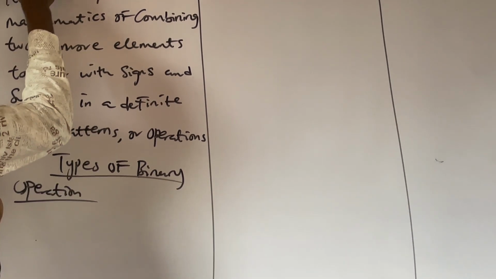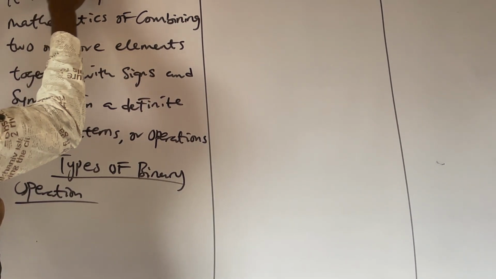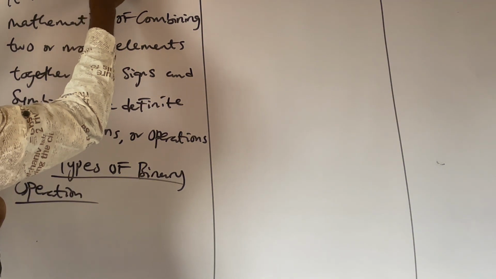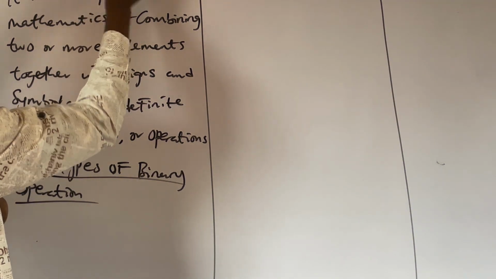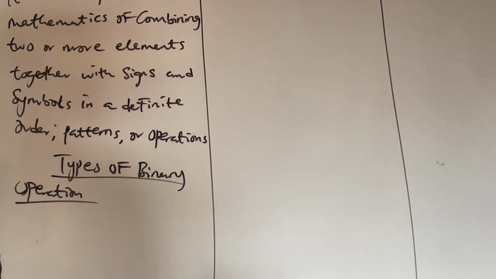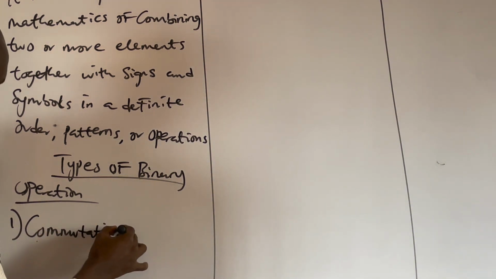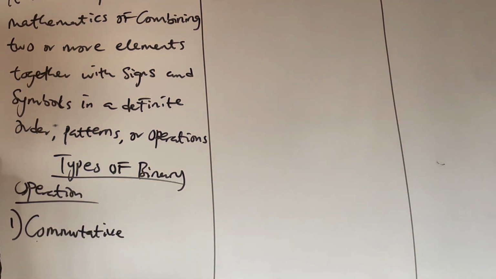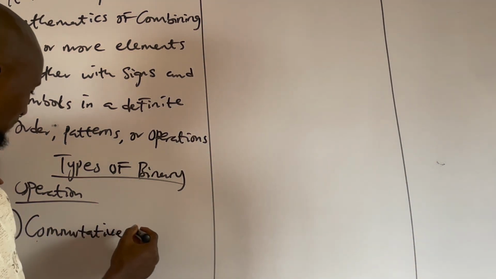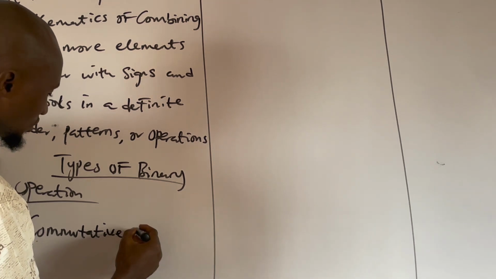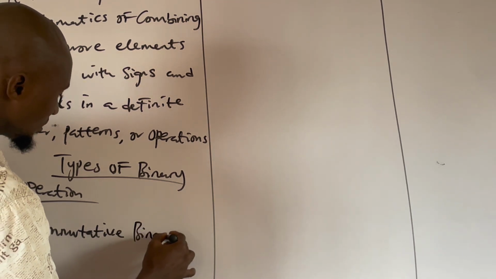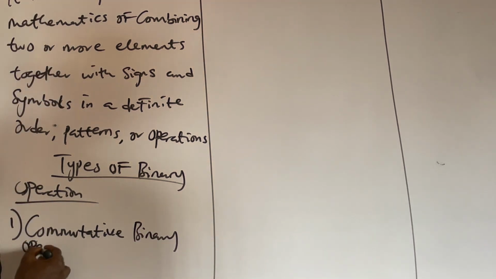This is binary operation definition. Here now, types of binary operation. One is commutative binary operation.